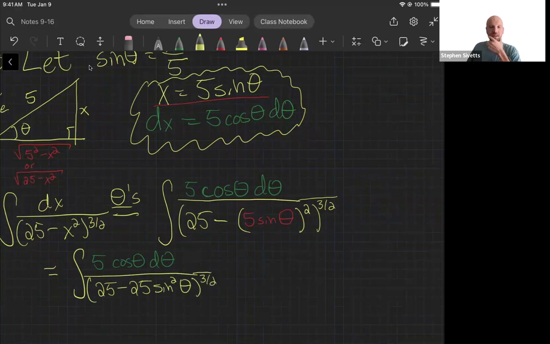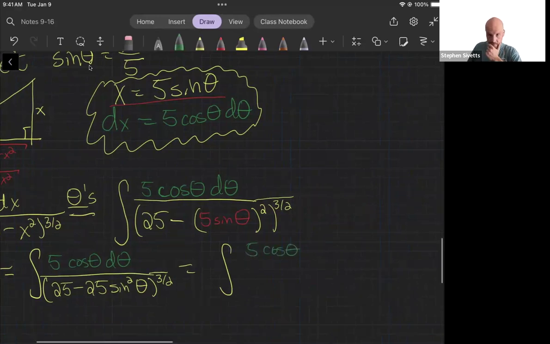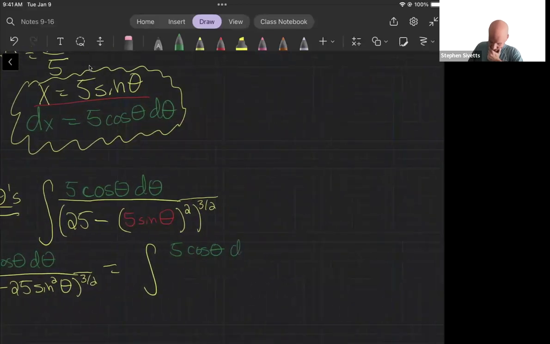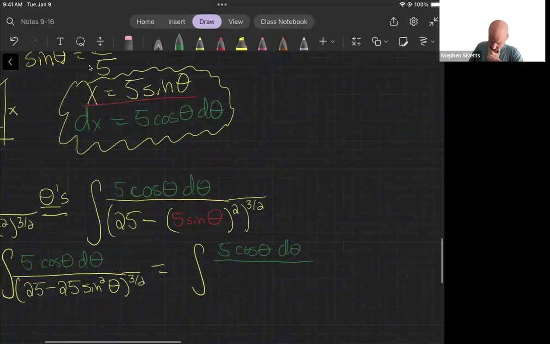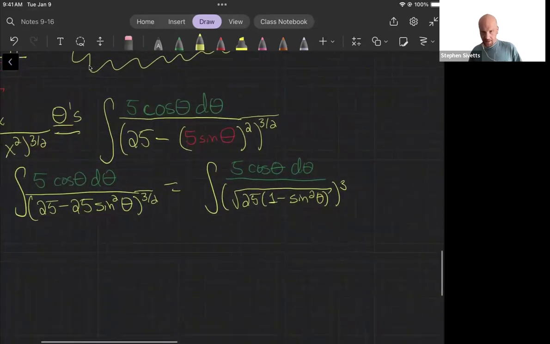Okay, this is going to be slightly tricky. We can rewrite this as the integral of 5 cosine theta d theta over, and I'm going to write out the denominator like this, the square root of 25 times (1 minus sine squared theta) cubed.